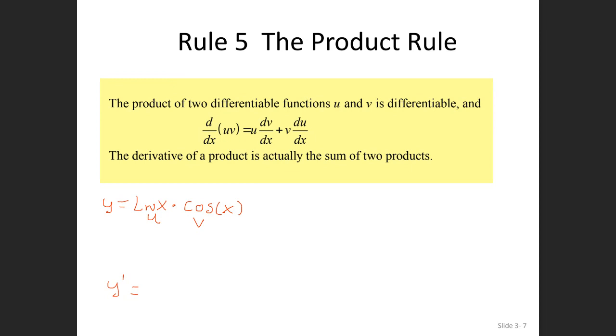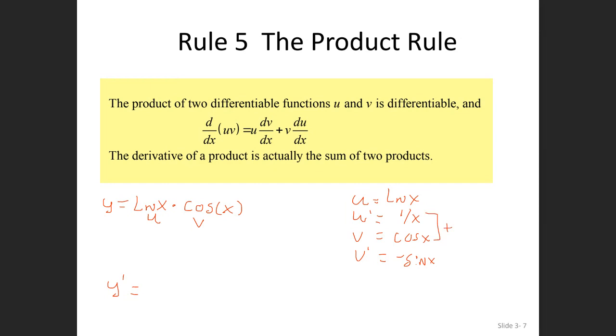It is the same. So if I was going to do this problem, the first thing I would do over here is write u, v, before I even look at what functions I'm going to put in there. So I've got natural log of x here, so that's going to be 1 over x. Then I've got cosine of x, and then that is negative sine of x.